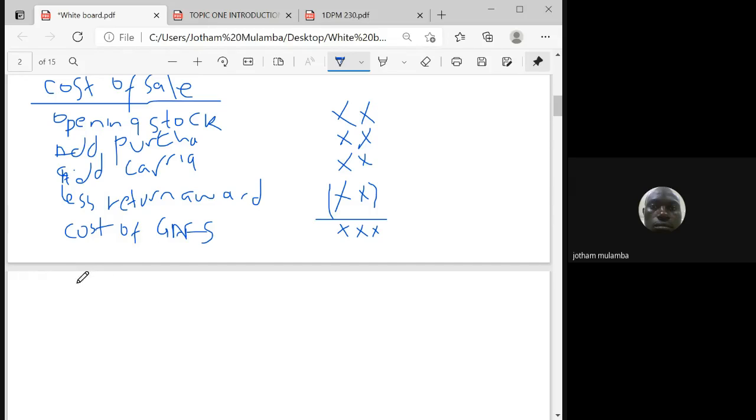So in that case, we'll have less closing stock.